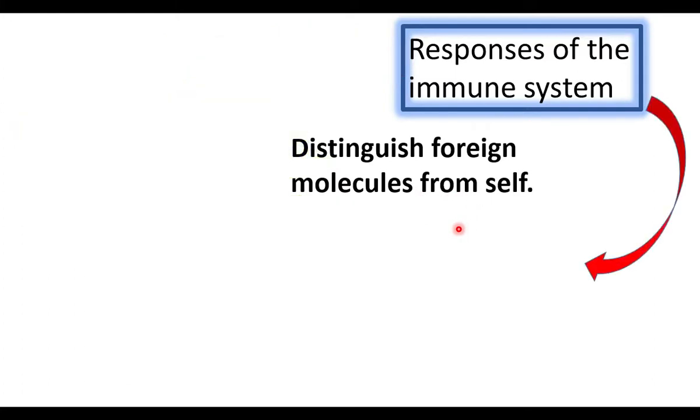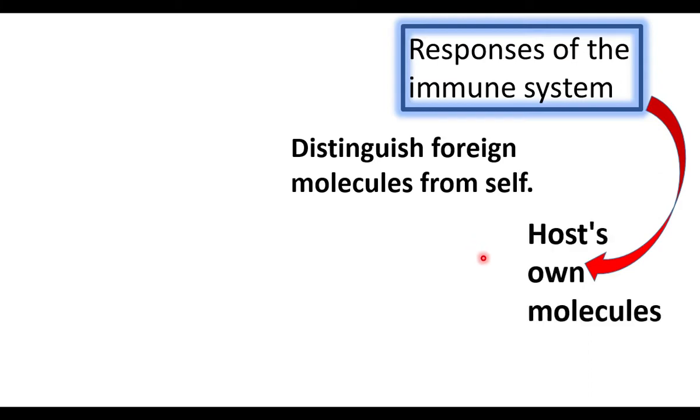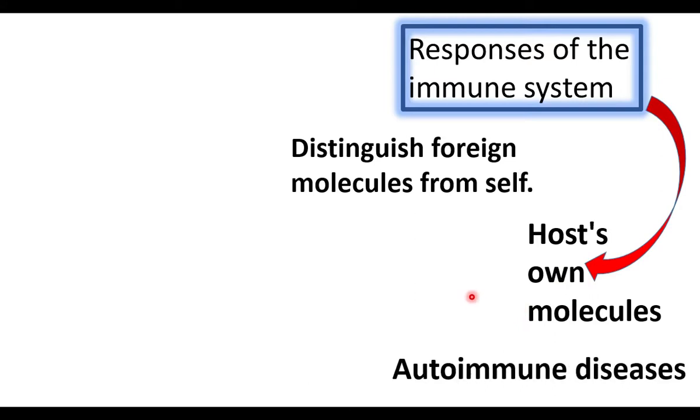Sometimes the immune system fails to distinguish foreign molecules from self. In that situation, the immune system shows response against the self molecules. The immune system produces antibodies against the host's own molecules. That results in a disease called autoimmune disease.